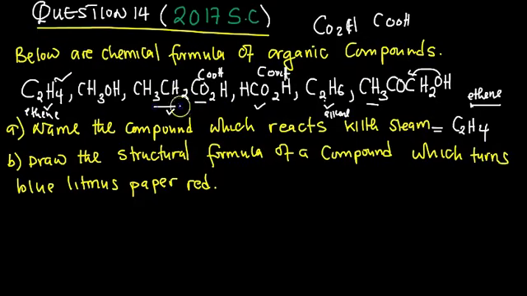I can choose to draw this one or this one. Let me just draw this one. How many carbons does it have? 1, 2. This one is from the functional group, so we don't count it among the carbons. So it's going to be carbon 1, carbon 2, then attached to the functional group, which is drawn like this.